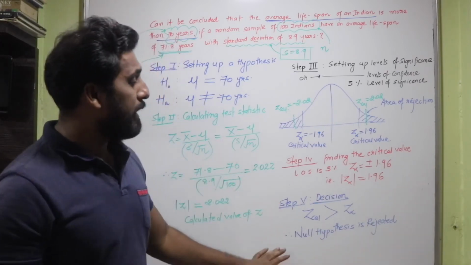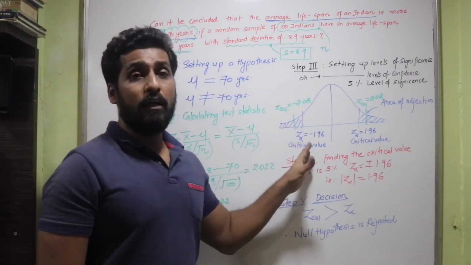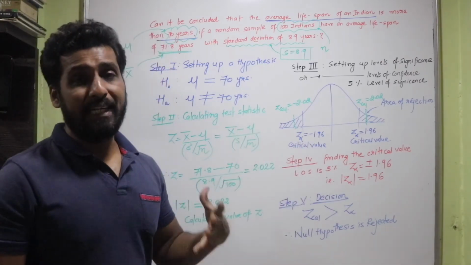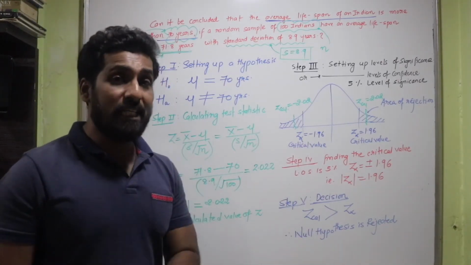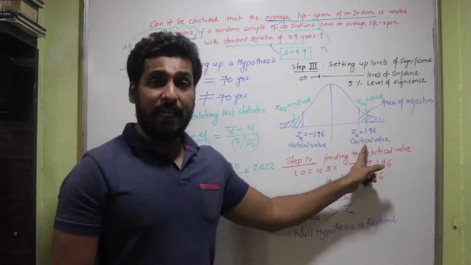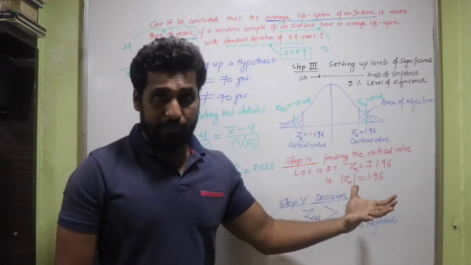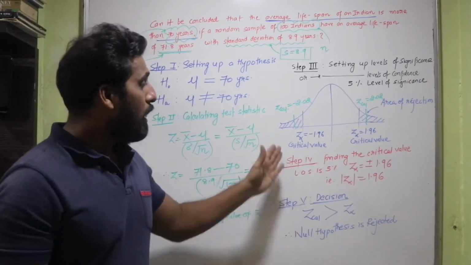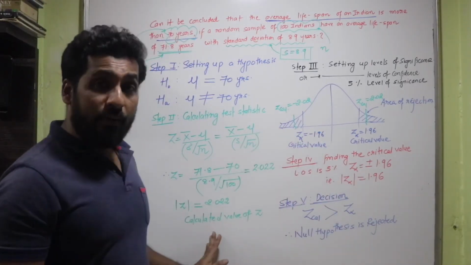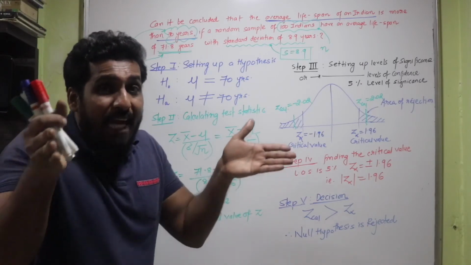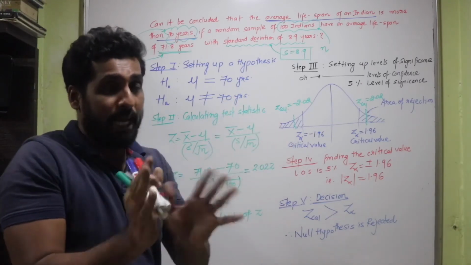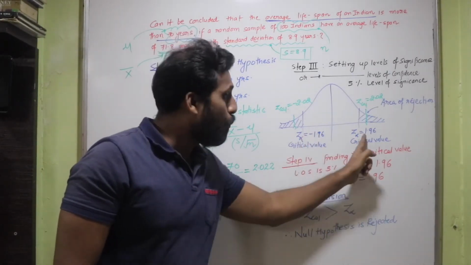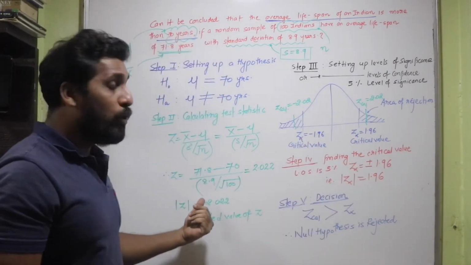So if I take 1% level of significance, what changes will happen? The value of Z alpha will change to 2.53, 2.58, whatever it is. As soon as it changes, the calculated value of Z automatically lies within the level of confidence. Can you understand? If this becomes 2.5, the calculated value is 2.02.